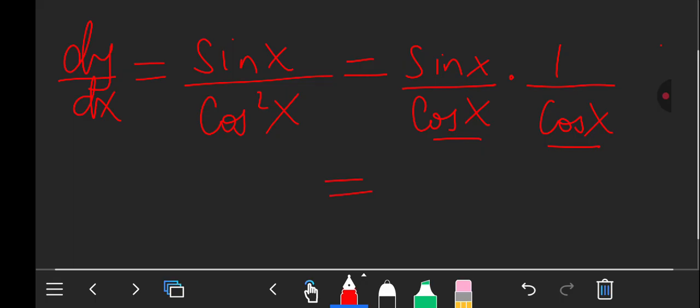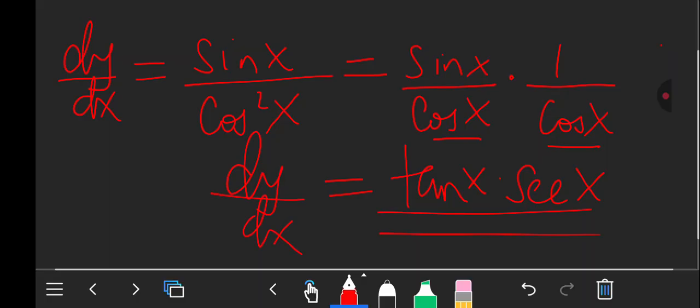Now we know that sin x over cos x is tan x from our trig identities, so check out the trig identities on our channel. Then 1 over cos x is just sec x. So that is our dy over dx. This is how we can find the derivative of sec x.